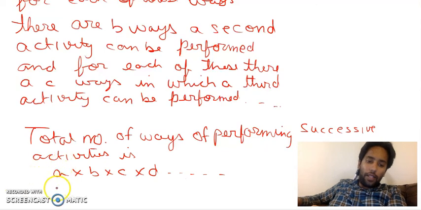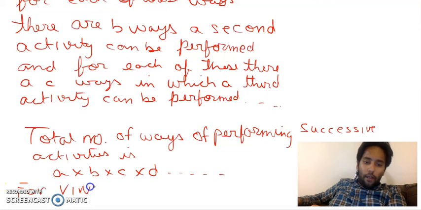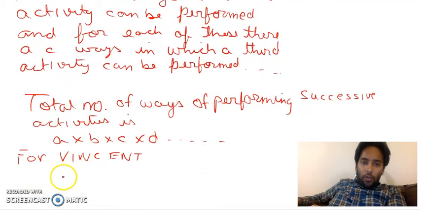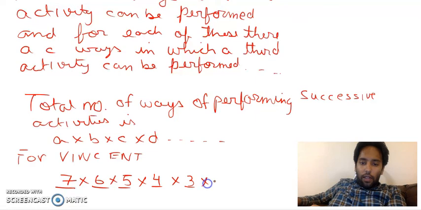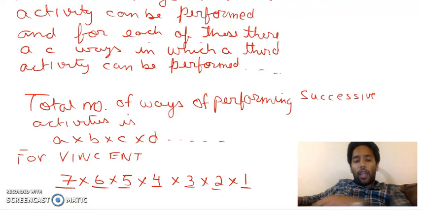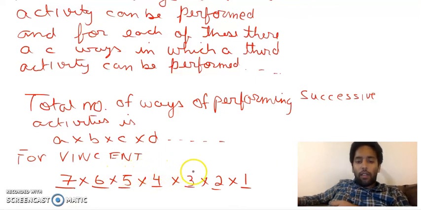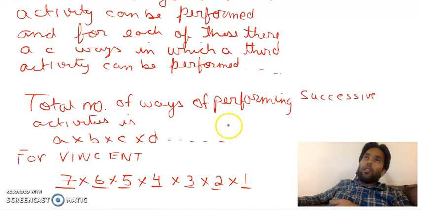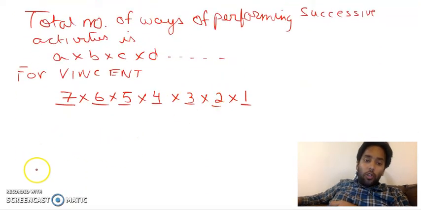Similarly, when we were doing the Vincent question, there were 7 ways of performing the first activity, that is filling the first blank. Then there were 6 of filling the next, 5 of filling the one after that, 4 of filling the one after that, 3 the successive activity, and so on. So A ways times B ways times C ways times D ways times E ways times F ways times G ways.